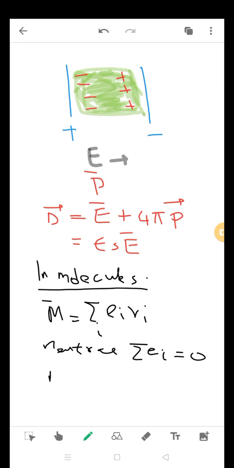So that makes M, the induced dipole moment, independent of the origin.